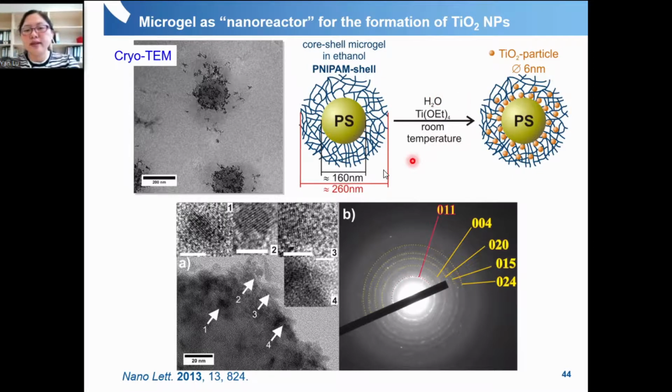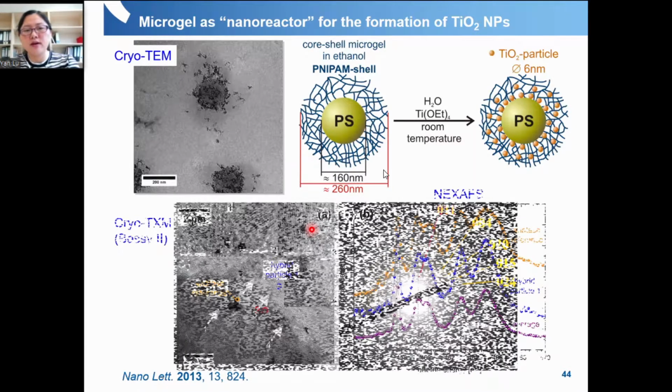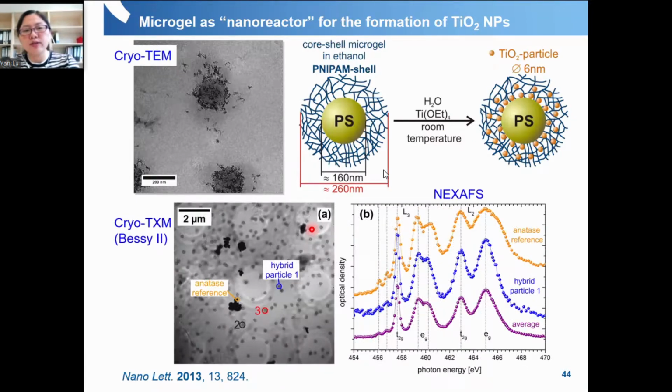And you can see here the high resolution TEM of the titanium dioxide. You see they have well-defined lattice fringes. These correspond to the anatase phase of the titanium dioxide. We also measured cryo X-ray, so transmission X-ray microscopy.